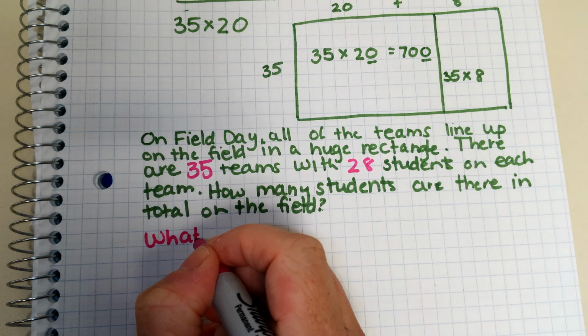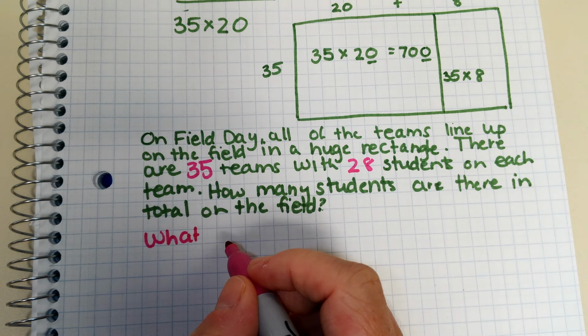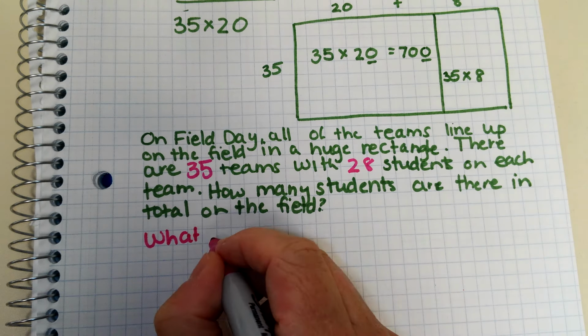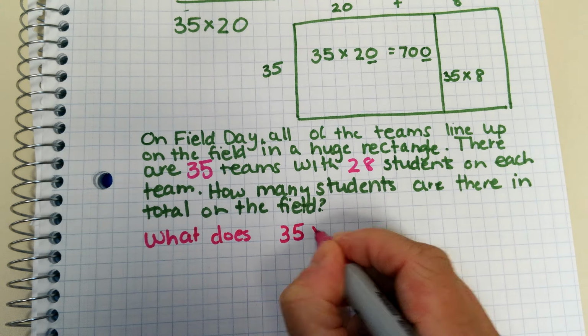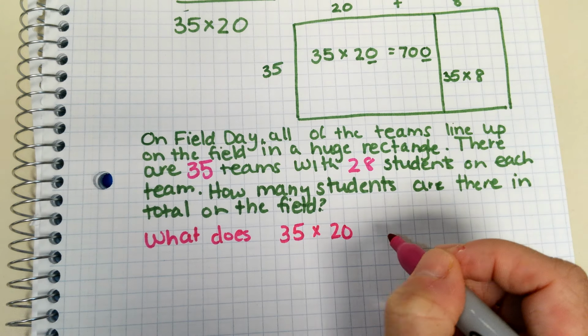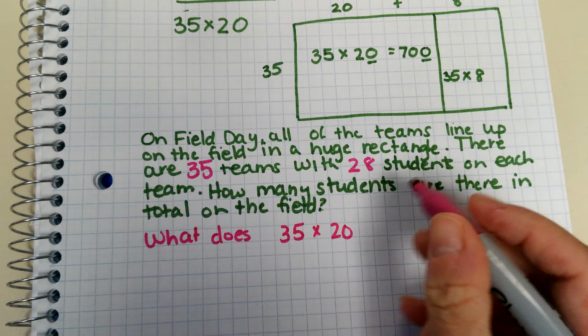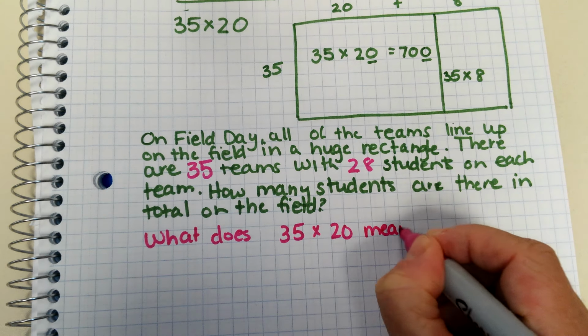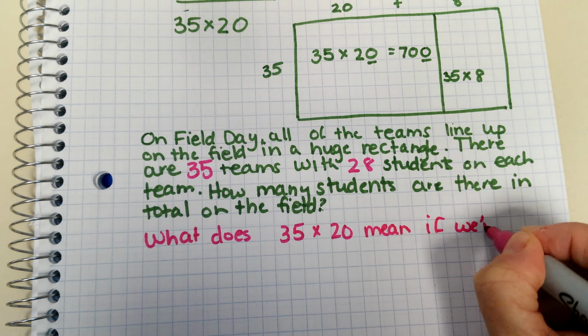What does 35 multiplied by 20 mean if we're talking about teams?